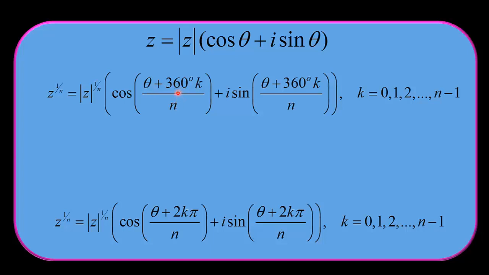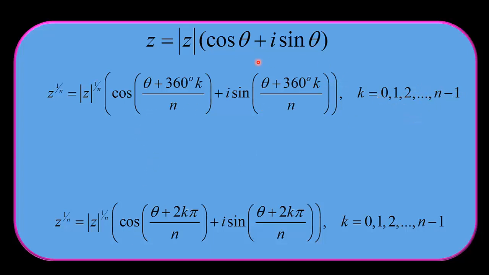Now, on the previous problem, we took theta, which was 30, and divided it by 3. And then we took 30 plus 360, divided that by 3. And then we took 30 plus 2 times 360 and divided that by 3. In other words, k was 0, 1, and 2. But in general, k is 0, 1, 2, 3, all the way up to n minus 1. In our previous example, n was 3, so we went 0, 1, 2.